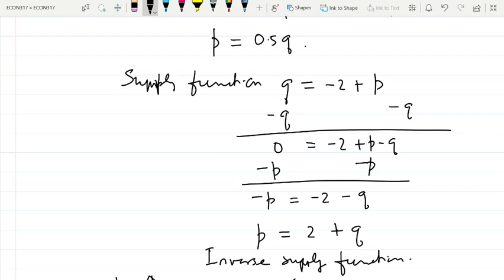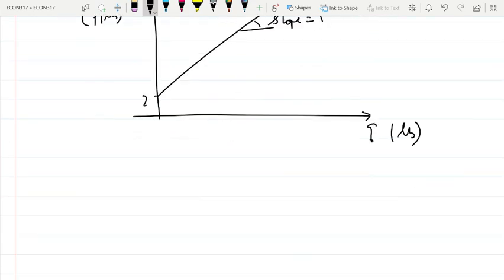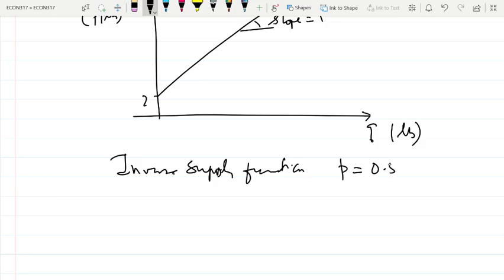I will go back to the second example where we found the inverse supply function, P equal to 0.5 Q. Given this, I want to find out the supply function. So let's do that too. Given to us is P equal to 0.5 Q, and I want to find out the supply function.